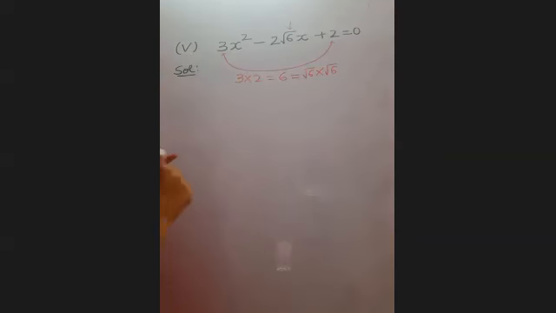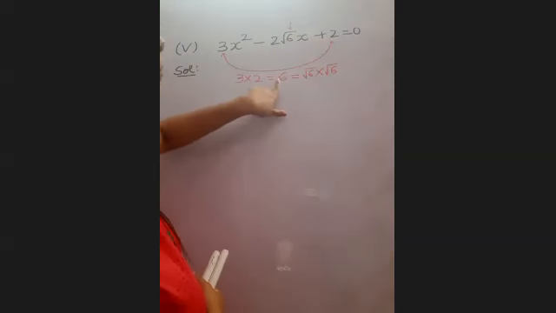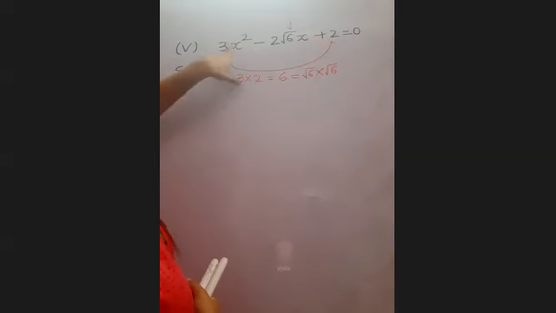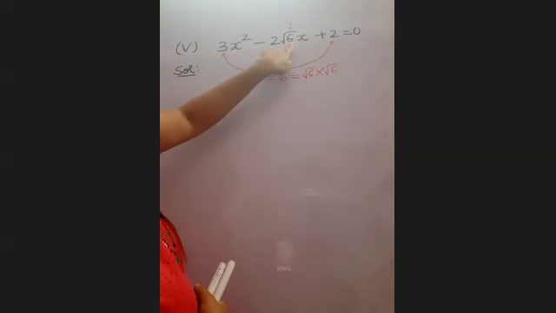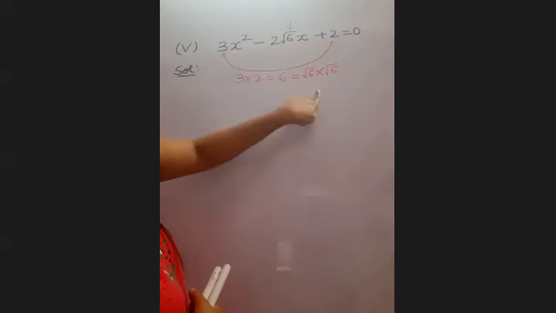Again, I am repeating. Factorization, the first step is the first term and the constant to be multiplied. So 3 into 2 makes it 6. But keeping an eye on the middle term, we know we need root 6 also. So how to get root 6?